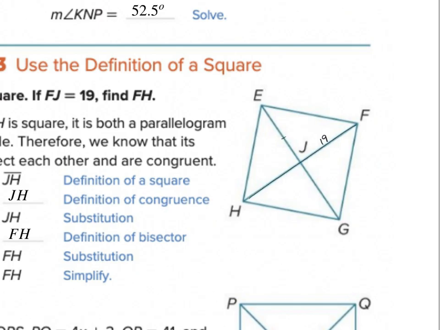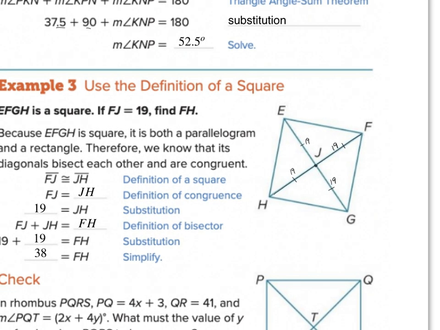Well, I know that a square is like a rectangle where my diagonals bisect each other, or a parallelogram where my diagonals are congruent. So I know that this is 19, this is 19, this is 19. So if FJ is 19, then FH all the way across would be 19 plus 19, which is 38.